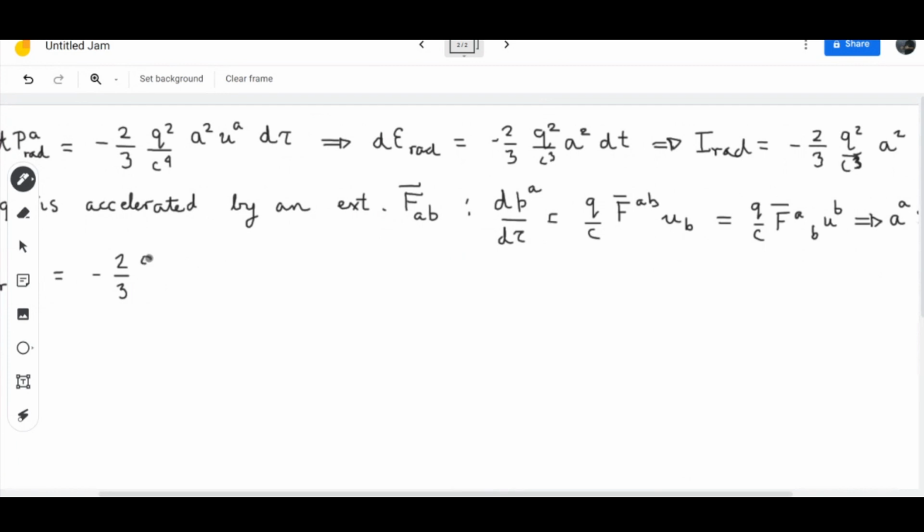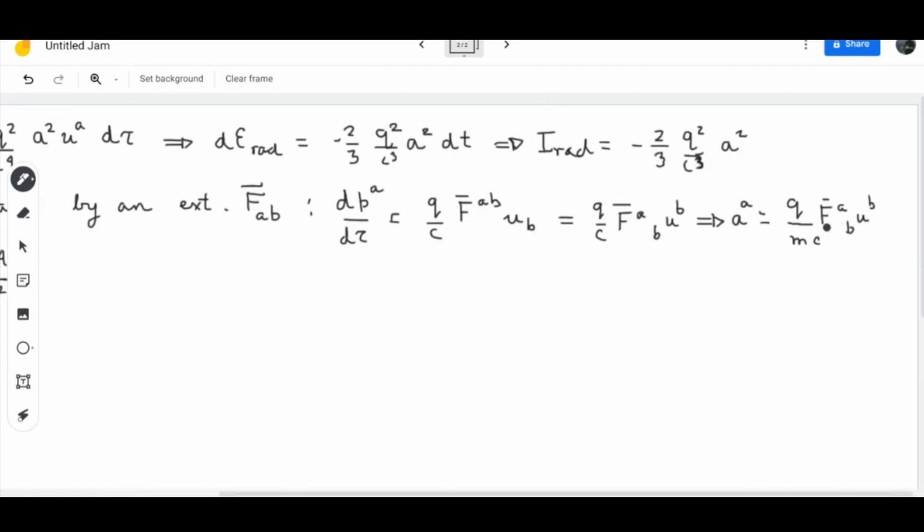So it's q fourth by c cubed, well, it's m squared and then c to the power of 5, right? Is that correct? See, a squared, if you take the square, this quantity will be q squared by m squared c squared.